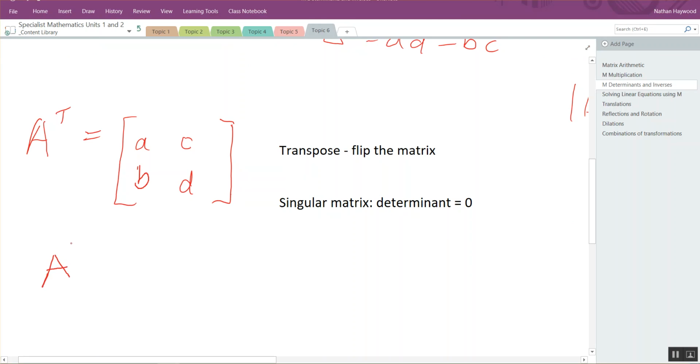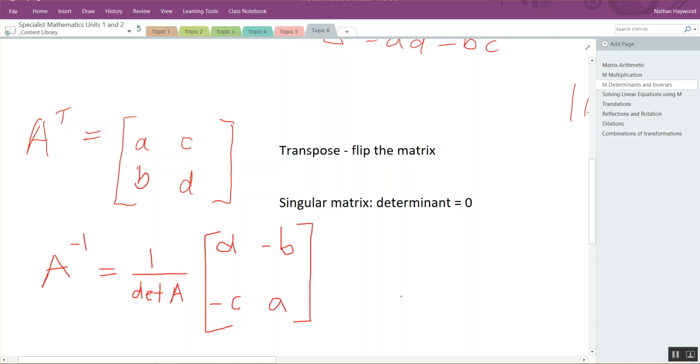And we use a little -1 to show the inverse, right? So we divide by the determinant, or I should say we have a fraction, 1 over the determinant, multiplied by D, negative B, negative C, A. Oh, you just flipped this.